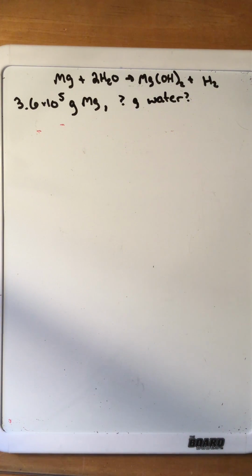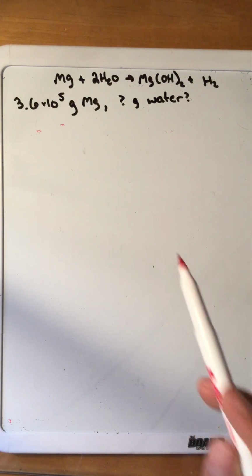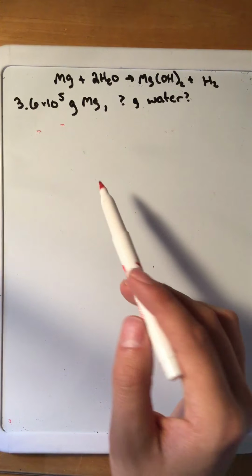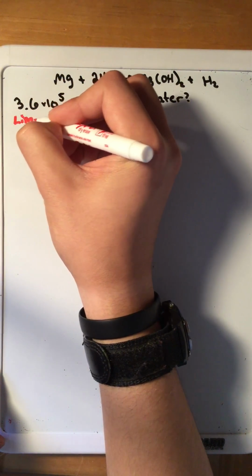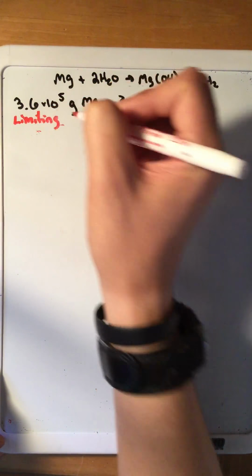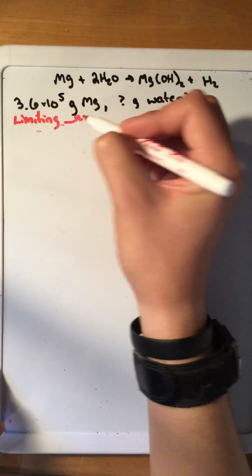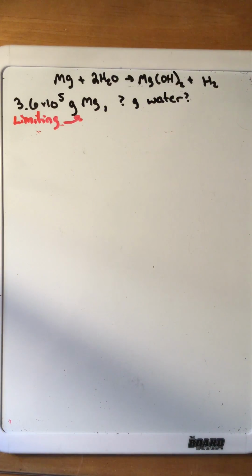We're going to have all of that react, and we can assume we have enough water to do any amount of combination with magnesium. So this problem is trying to solidify a little bit of information about limiting reactants. So here, if we're going to emphasize that point, this is our limiting reactant.